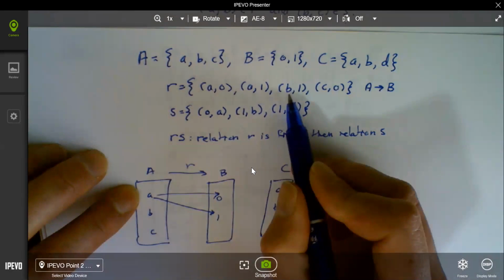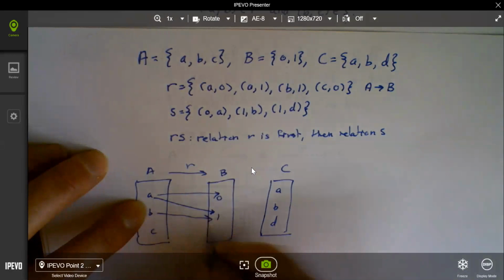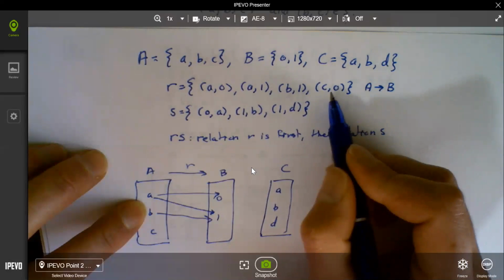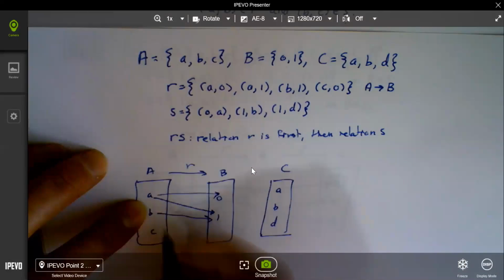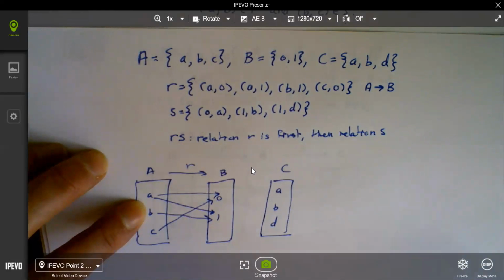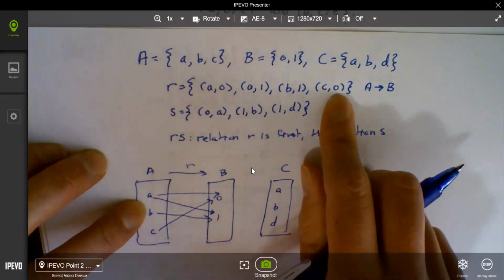Then the third element in R, (b, 1), so we draw an arrow from b to 1. And our last element in R, (c, 0), so an arrow from c to 0. We should have 4 arrows between sets A and B, as there are 4 elements in R.